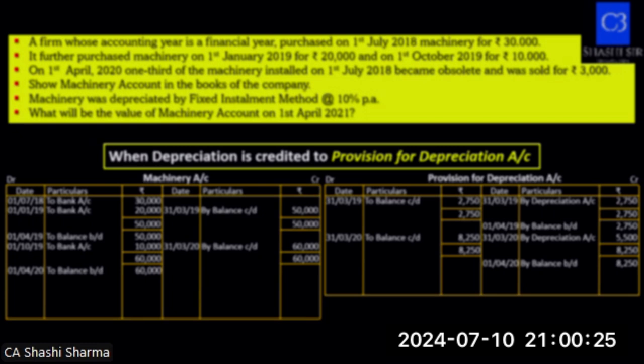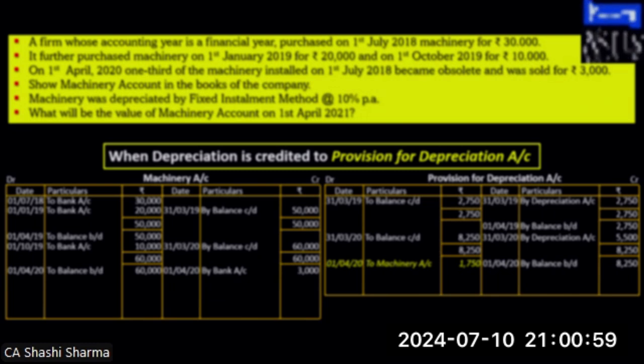So the depreciation on this part of machinery, one third machinery, was 1750. First of all, by bank for 3000, this machinery was sold. Then the depreciation will be transferred from this provision for depreciation account, which is 1750.